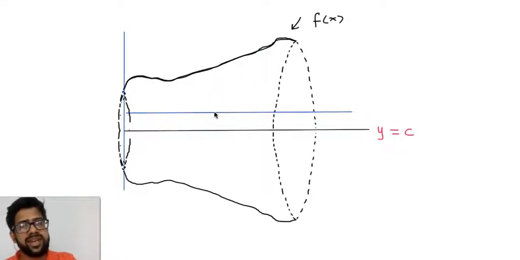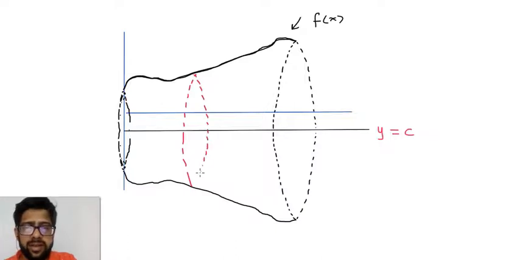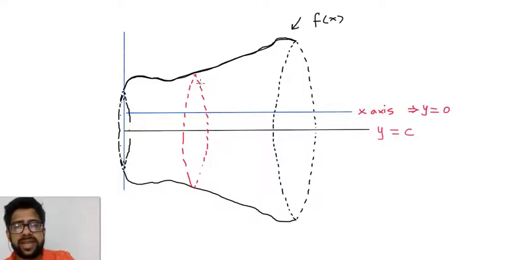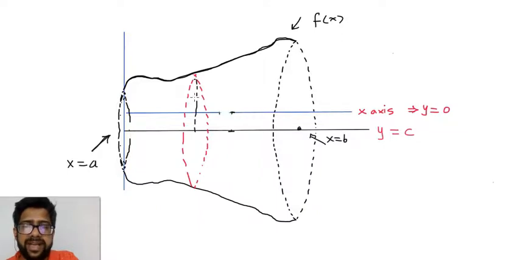In such a case, again, we use the disk method, and we are interested in finding the area of that disk. So first of all, draw a disk like this, which has its center on the given line y equal to c. Remember that this is the x-axis and this is the line y equal to c. The x-axis has the equation y equal to 0. Note that this radius is the sum of this distance and this distance.